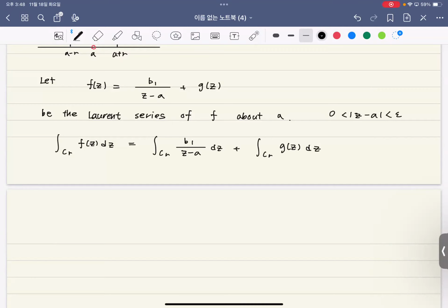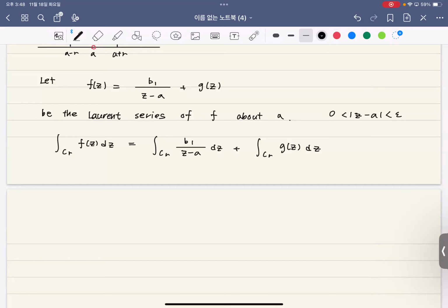I want to tend my parameter, the radius r of the circle, to 0. In order to do that, first I want to see that this number should also be tending to 0.